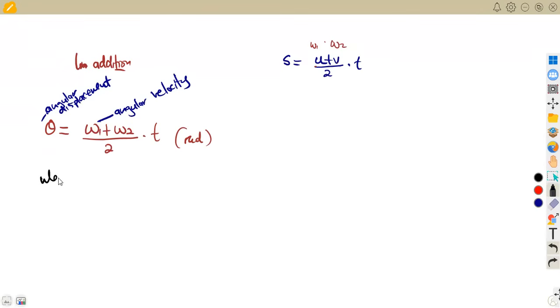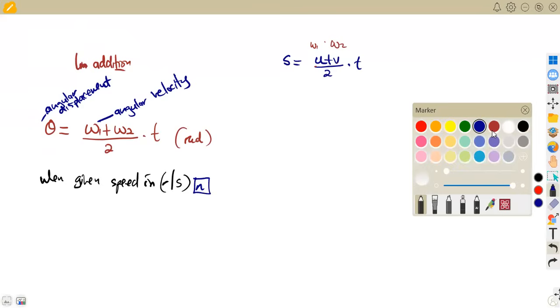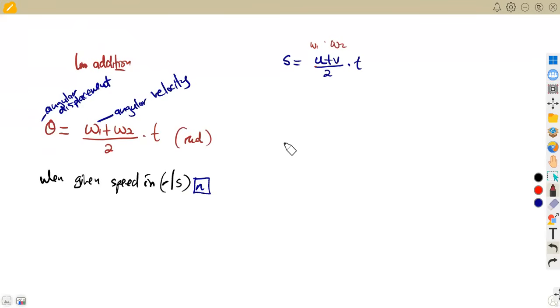When we are given speed in revs per second, I said whenever you're dealing with revs per second, it's best for us to use n as our speed in revs per second. Remember, omega-1 is given as 2 pi n.